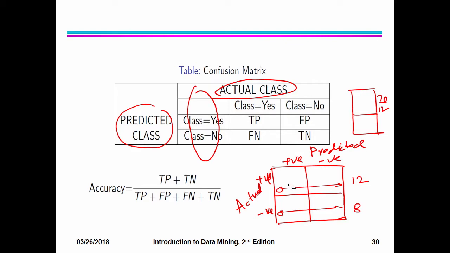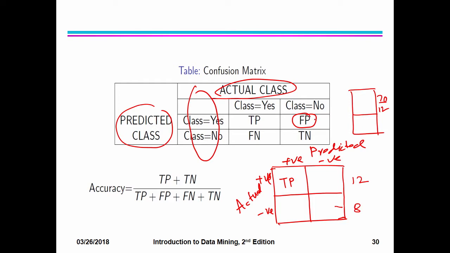Therefore, this thing will change. This will be the true positive here; earlier it was the false positive here. What is a false positive? The classifier predicted positive class, but that is false, which means actually it is negative class. That is the false positive.